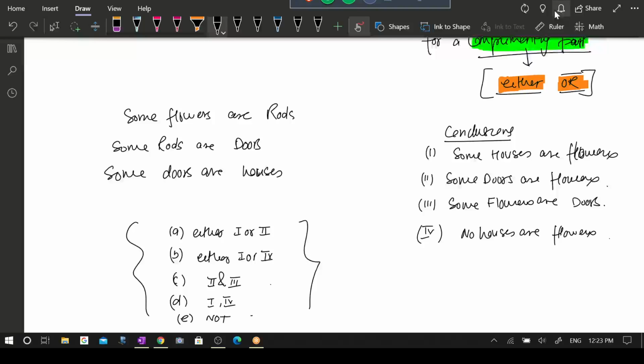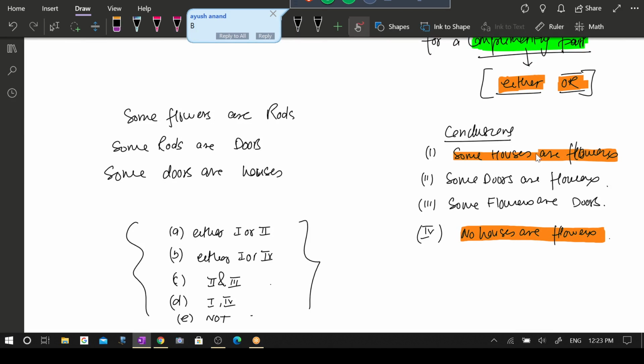So now listen to me. Whenever I see a "no", this is it. No houses are flowers. Immediately, I look for "some houses are flowers". So there is one option in the conclusion, that is some houses are flowers.